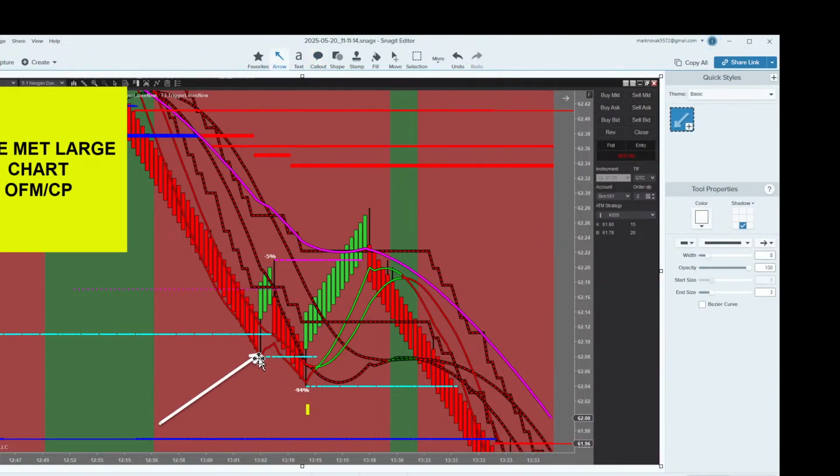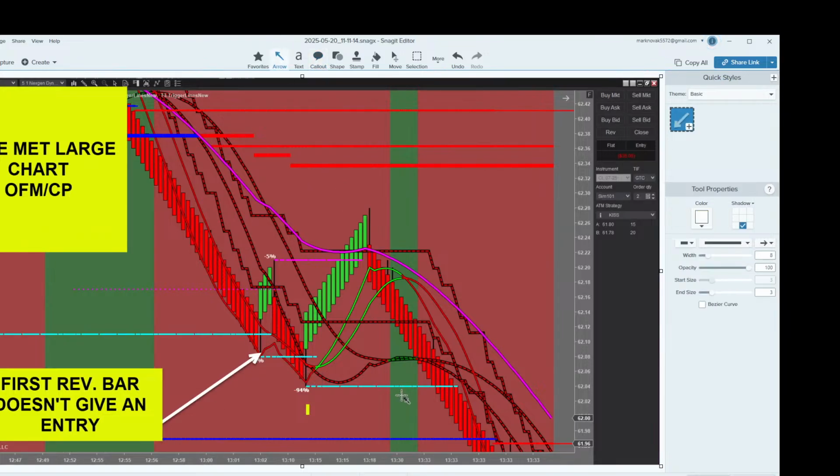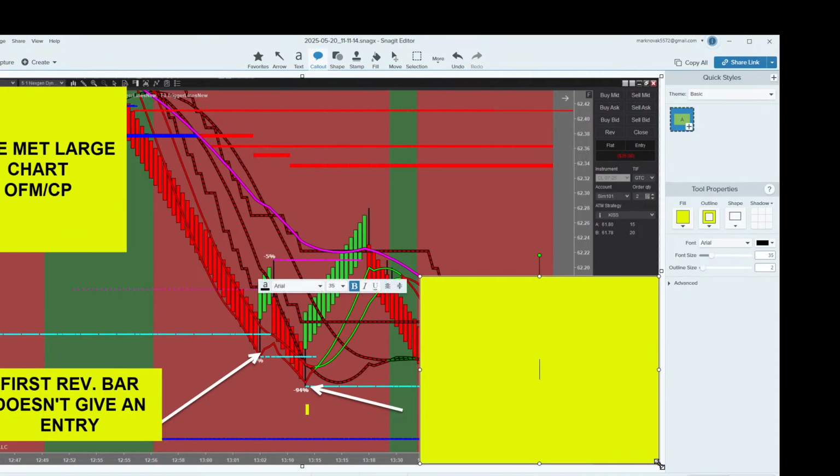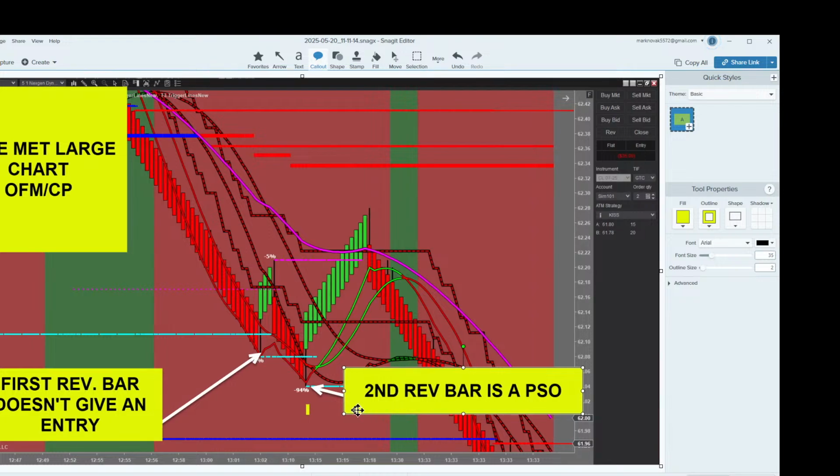So first reversal bar, no entry. My second reversal bar is a pivot stop out. Is everybody with me?